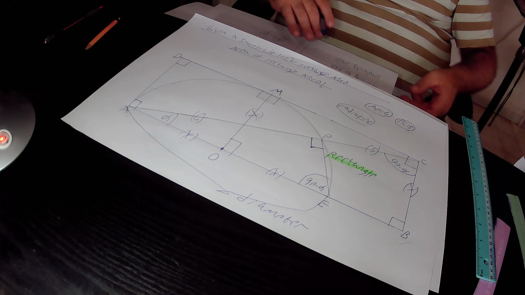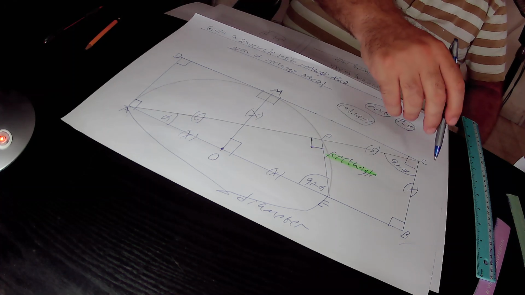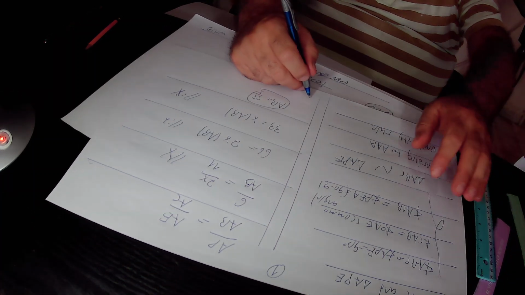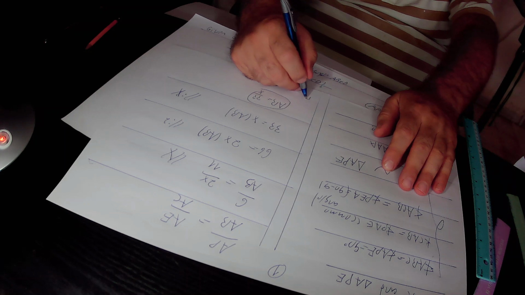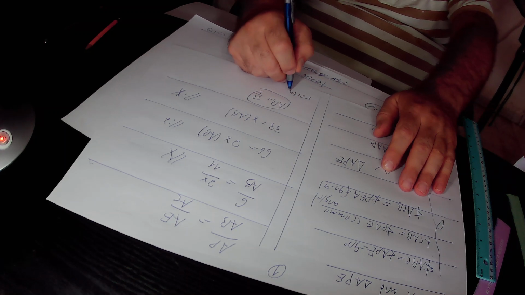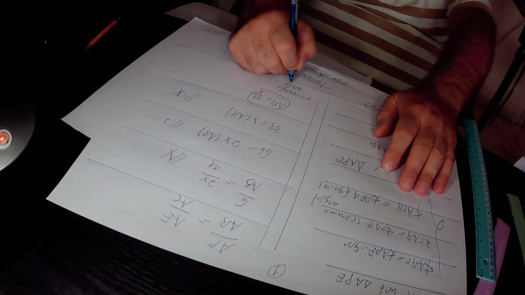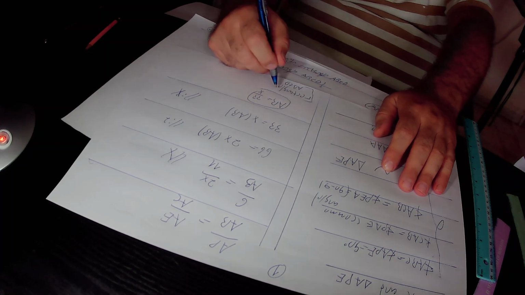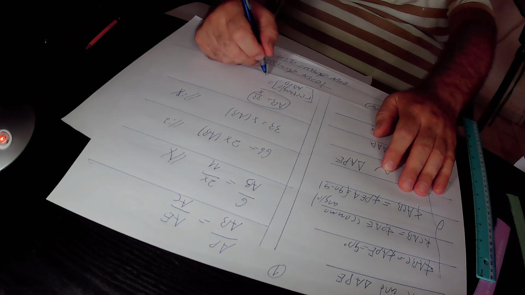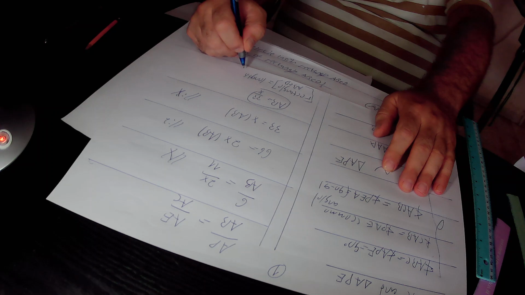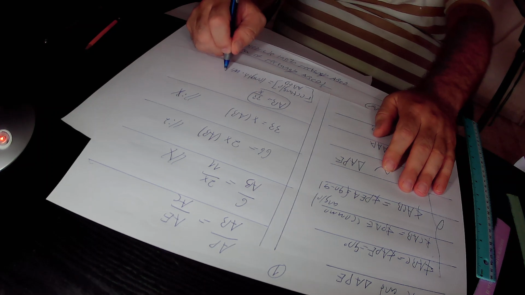Our mission is to find out the area of this rectangle ABCD. Actually, we know that the area of a rectangle equals the length of the rectangle times the width.